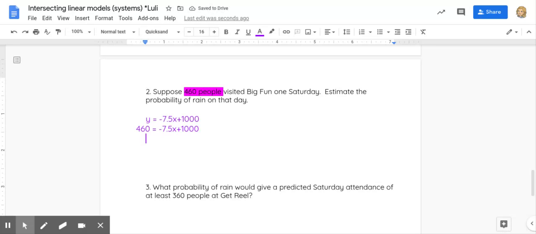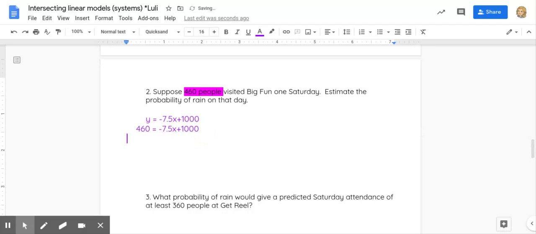All right, so just like in our warm-up when we are solving two-step equations, if the x is over here with some other things, we have to do the inverse operation. So first thing we're going to do is get rid of this plus 1,000. So we're going to minus 1,000 on both sides. All right, there we go.